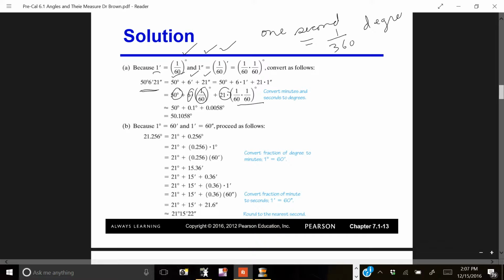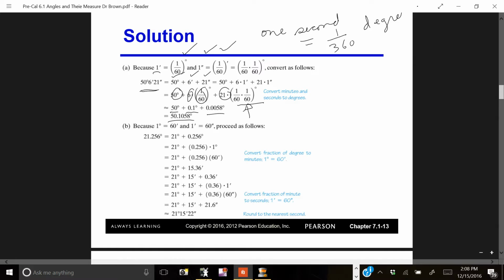And so when you add all this up, you get 50 degrees plus 0.1, and multiplying 21 times 1/60th times 1/60th, we get 0.0058 degrees. Adding all this up, we get 50.1058 degrees.